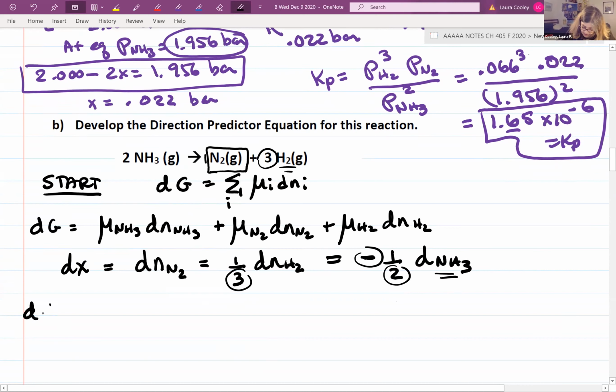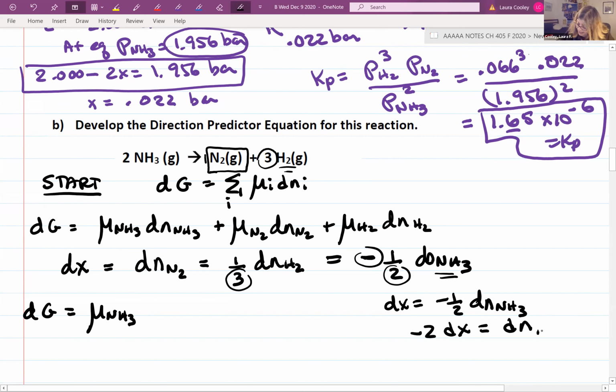And so now we write the dG with that in mind. Using this, dx is minus 1/2 dn NH3. So minus 2 dx is dn NH3.